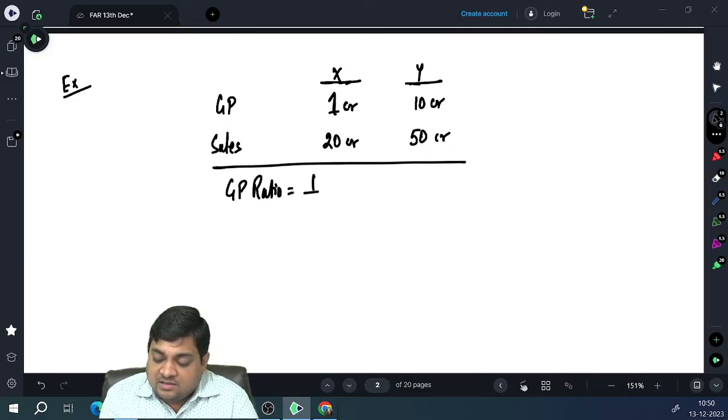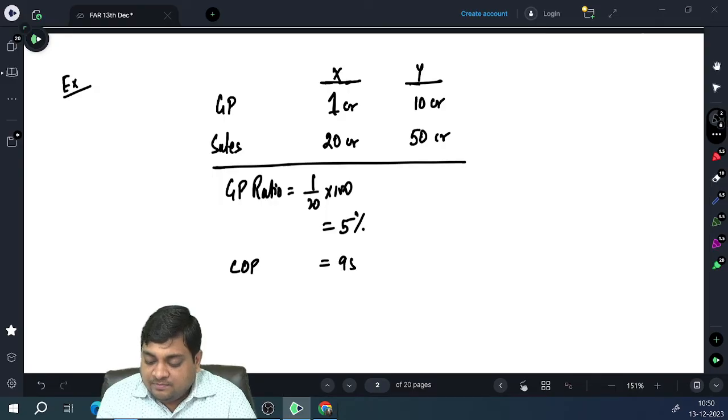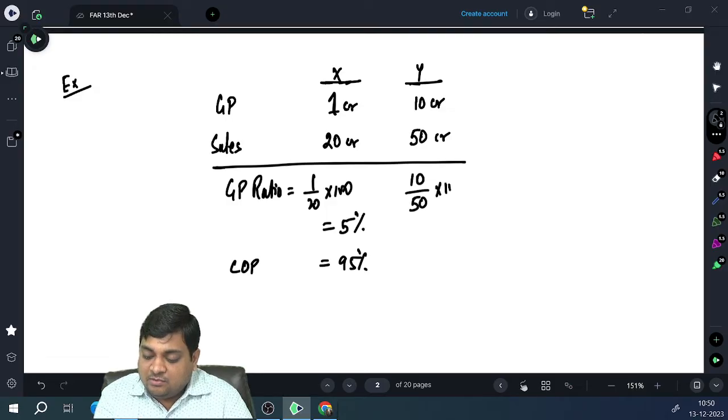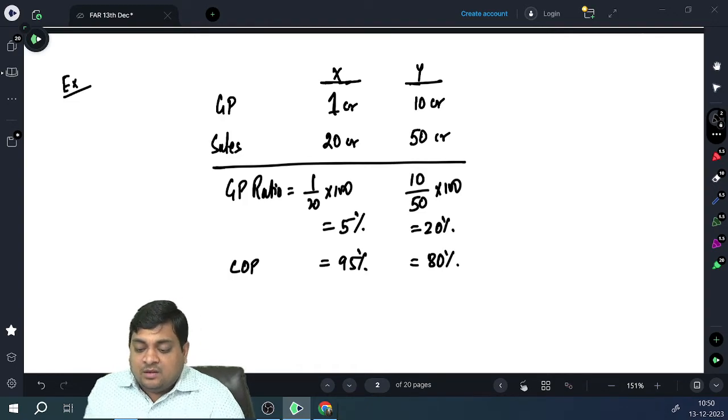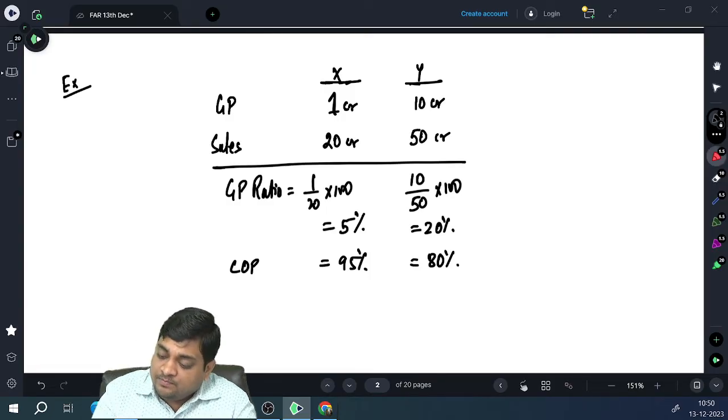So that is 1 by 20 into 100. That comes to 5%. So obviously here cost of production will be 95%. And out here it is 10 by 50 into 100. That comes to 20%. So out here cost of production is 80. Now why is company Y having a lower cost of production? Because here they are enjoying larger economies of scale.